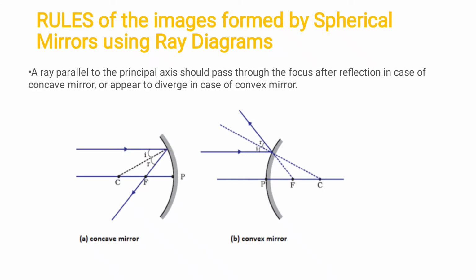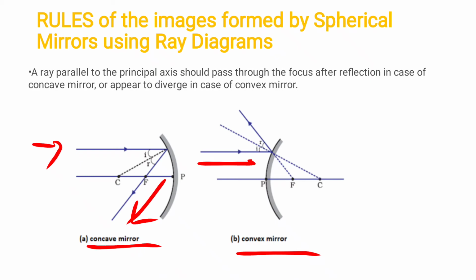Like here we can see it's coming in this way and it's getting reflected through the focus for concave mirror. Now for convex mirror, it is again coming parallel to the principal axis. The incident ray is coming and reflecting in this way, but it appears to diverge from the focus F. Okay, so this is the first rule.